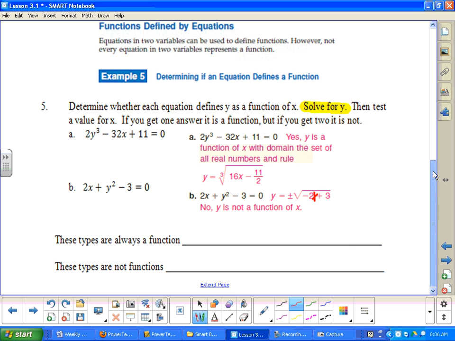So here we go. Do you have these lines on your paper here? Okay. So these types are always functions when y is raised to an odd power. And these types are not functions when y is raised to an even power.